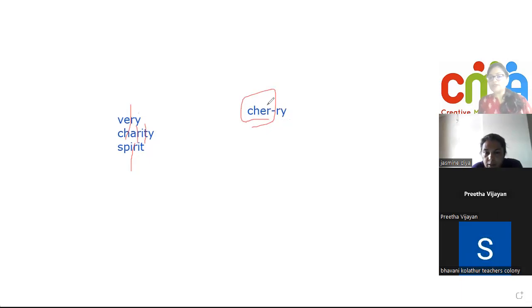Why? Because the next letter is R. So when a double R follows a vowel, the R sound goes with the next syllable, leaving the short vowel sound unchanged. As in cherry or as in carrot.